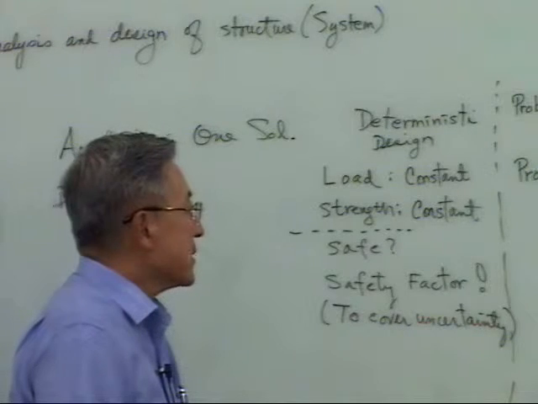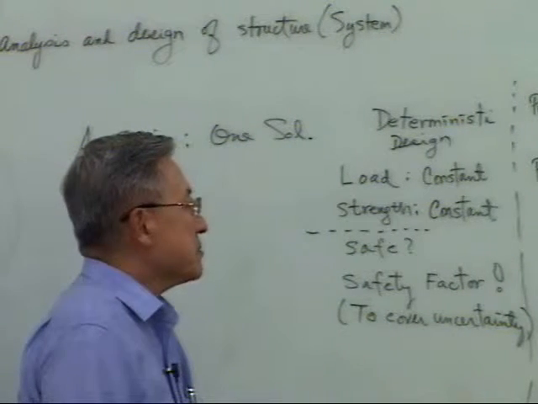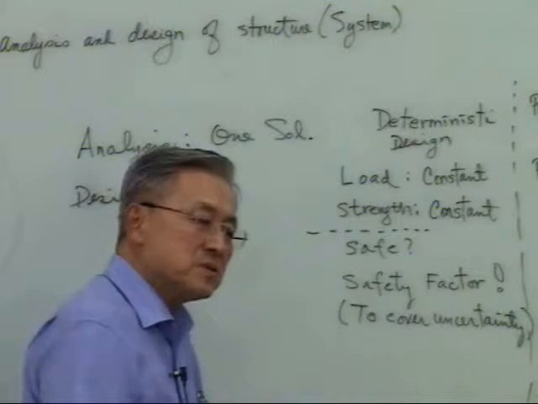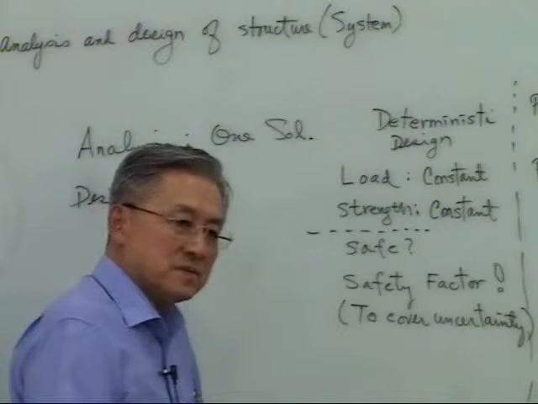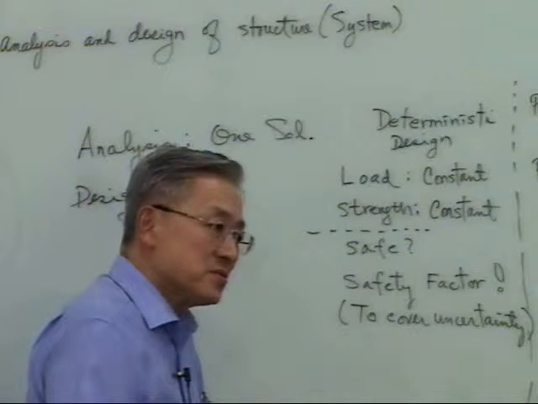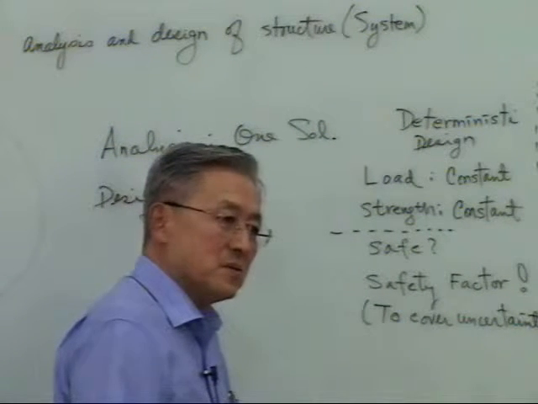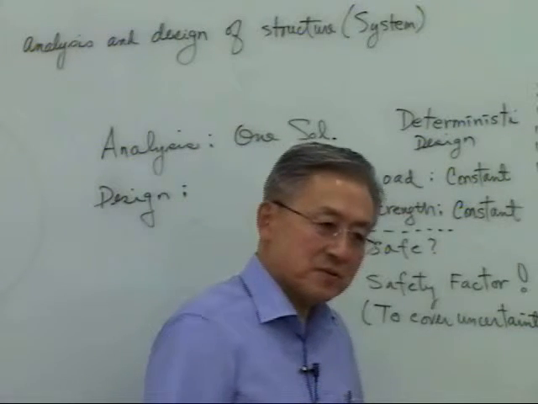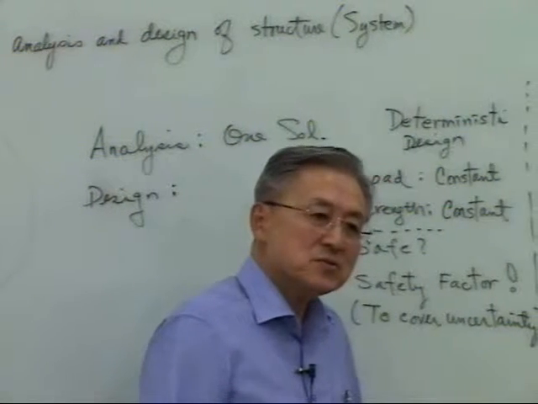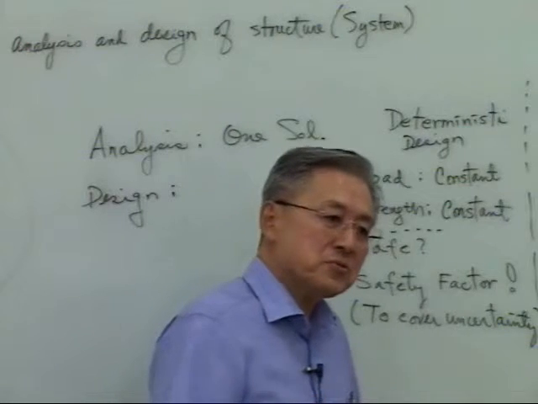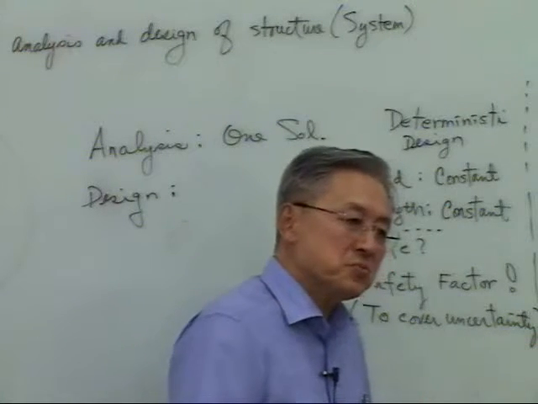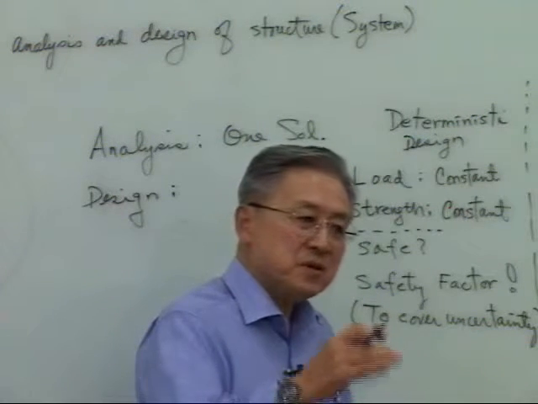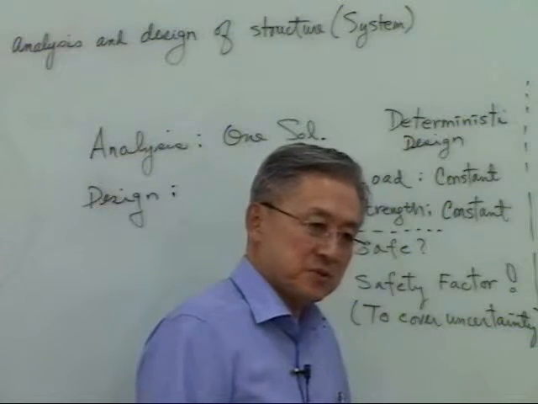But reliability-based design introduces a probabilistic distribution of the load and the strengths. So such a safety factor concept is all implemented. They don't use it separately because it's already introduced the probabilistic distribution of given important design parameters.